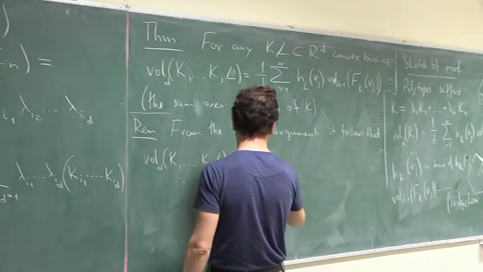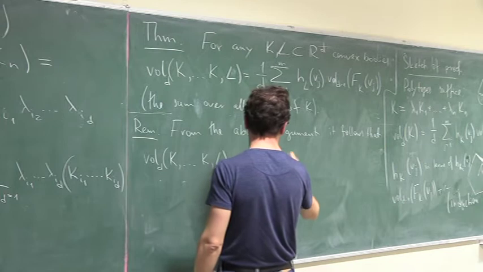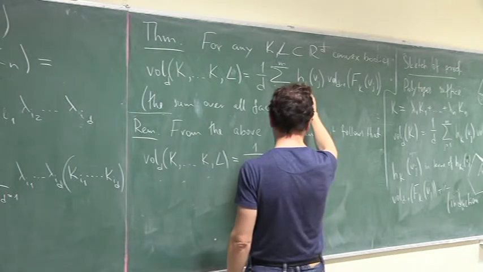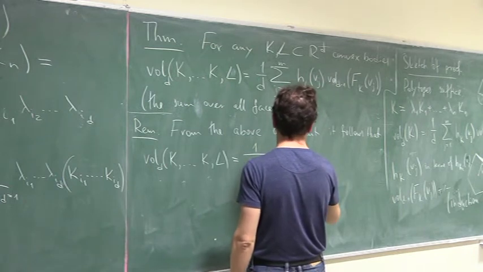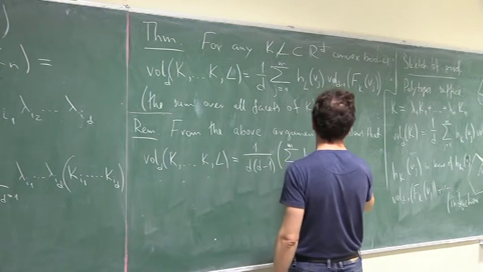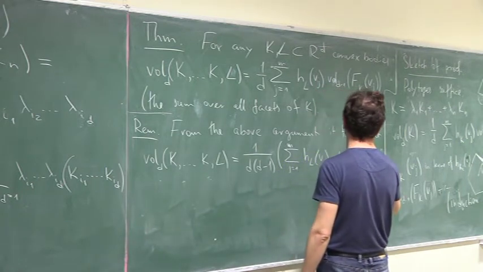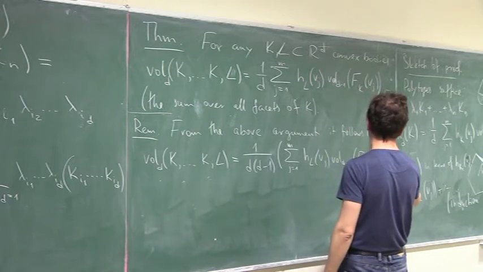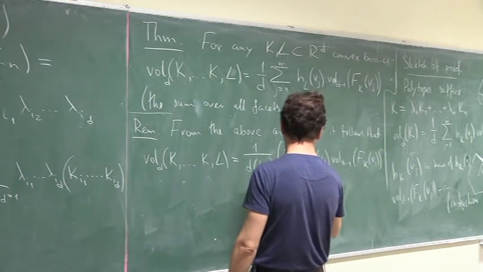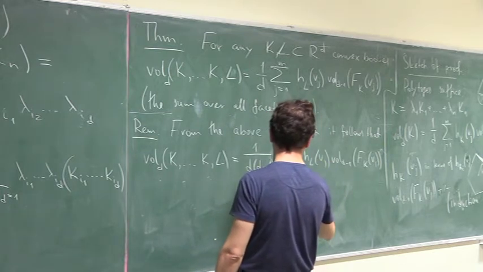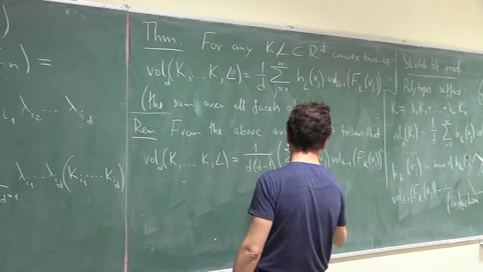This is 1 divided by d times d-1, and then there comes this expression, but there is also another sum here, namely we must take d-2 times the sum over j from 1 to m.